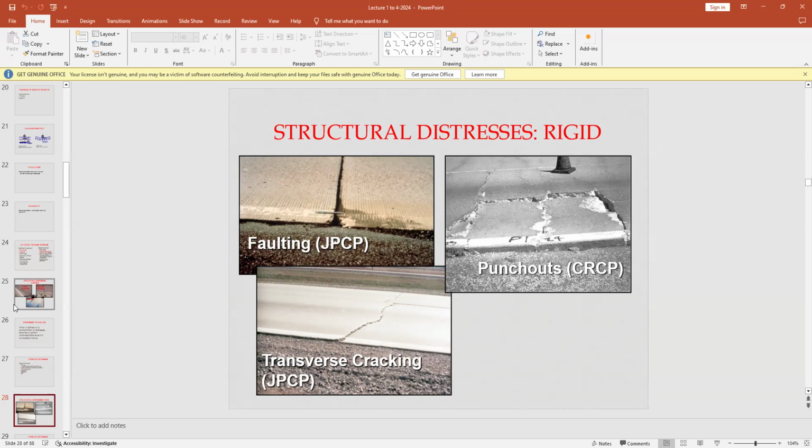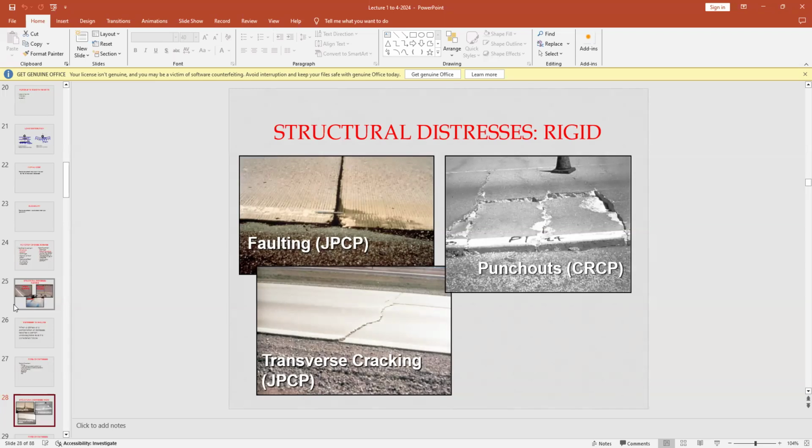That's why we have jointed concrete. By providing joints, we want to channelize those transverse cracks. But sometimes it's not always the place where you find the cracks. Actually, when we provide a joint, we want those cracks to be within that joint.